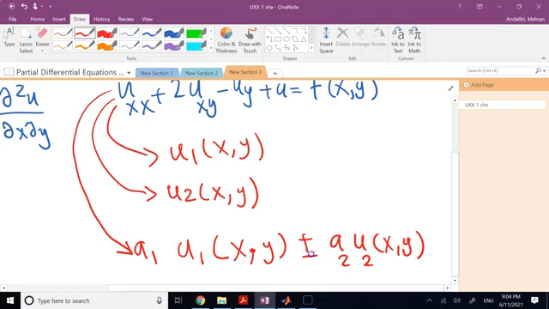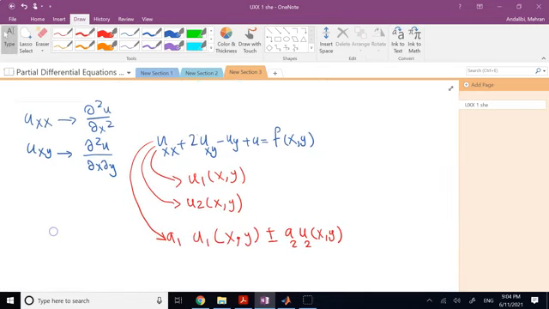Okay, so this is that superposition property. So once you have one solution and another solution, any linear combination of them could also be a solution to that. That's only valid for linear ODEs and PDEs, not nonlinear ones. Okay, so that's another important thing that I wanted to talk about.